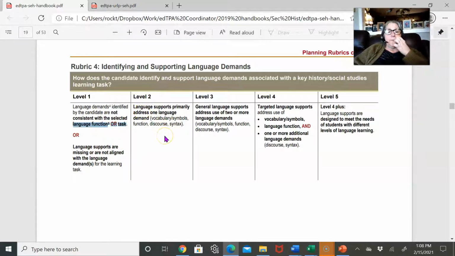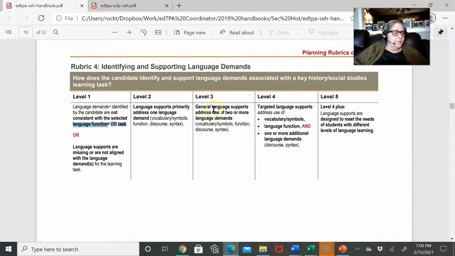If the rest of the rubric is about supports, lack of supports is a 1. Supporting just one language demand is a 2. Having general language supports that address 2 of the language demands is a 3. Here we start talking about the quality of supports.